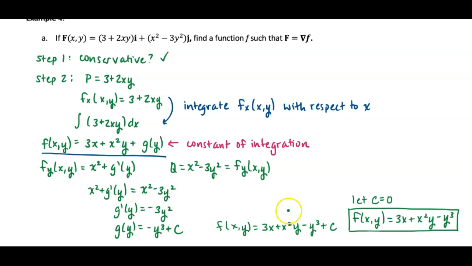All right, so in summary, our first step was to find out if this thing is conservative. If it is, we can continue. Step two was just figuring out that this p was just attached to the i. So step 2 and step 3 are kind of the same thing. Step 3 was to integrate this partial derivative with respect to x to get back to the original function.